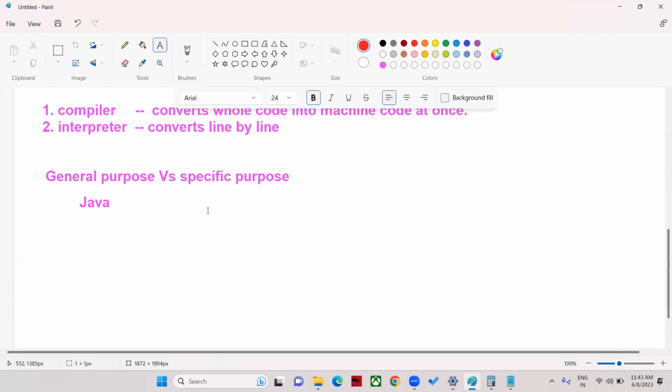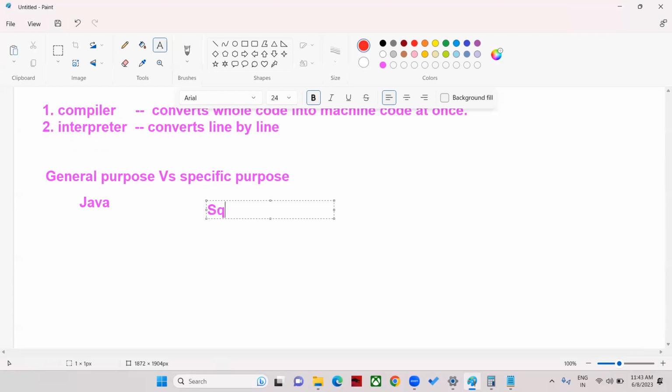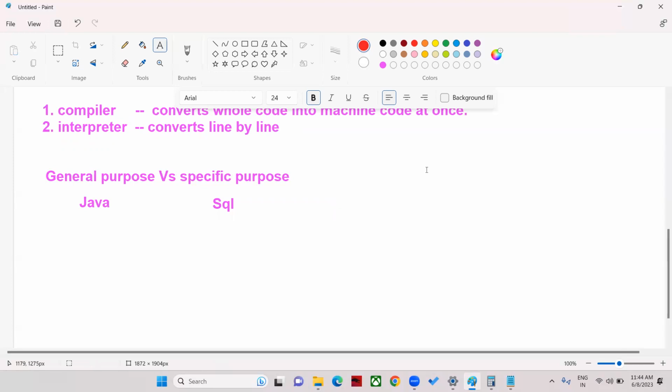Whereas for specific purpose, SQL is the example. SQL means structured query language.